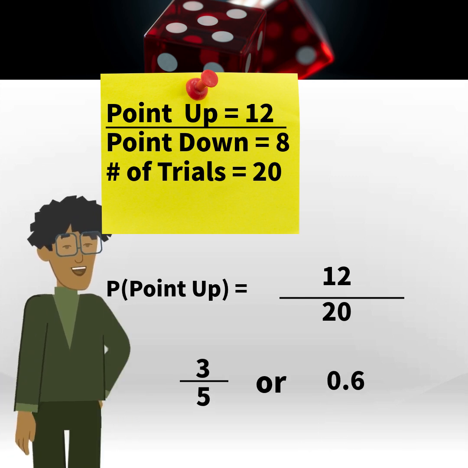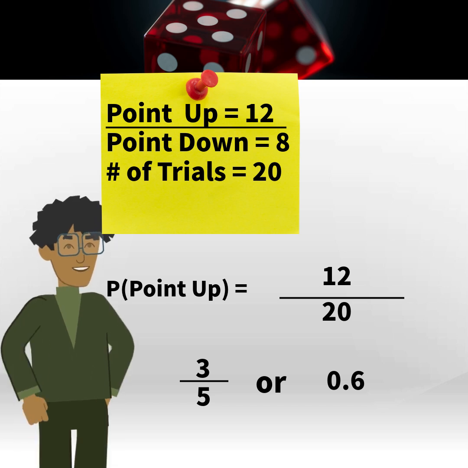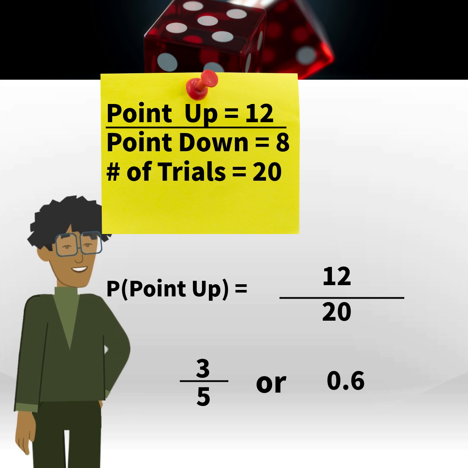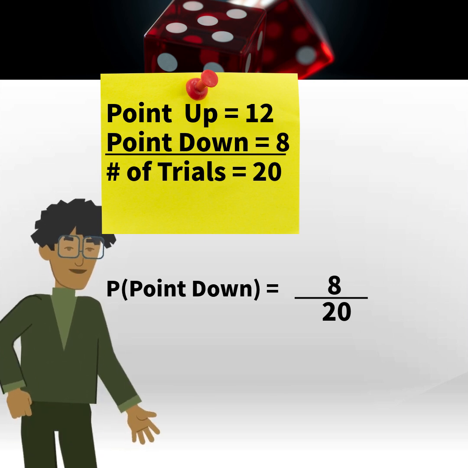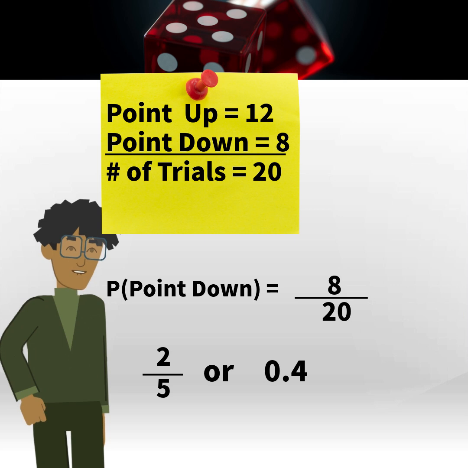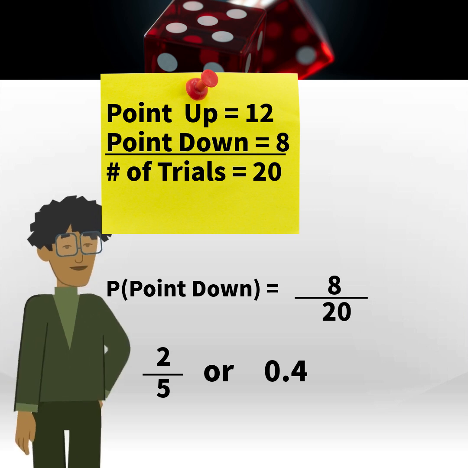So based on our experiment, there's a 0.6 or 60% experimental probability that the thumbtack lands point up. And for point down, 8 over 20, which is equal to 2/5 or 0.4. That's a 0.4 or 40% experimental probability for point down. See how what actually happened gives us a unique insight?